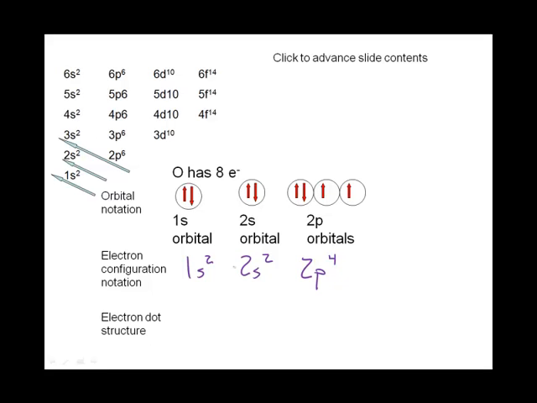And the electron dot structure is going to include the electrons of the 2s and the electrons of the 2p. So we're going to write the symbol, 2 electrons paired, 2 electrons paired, and 2 electrons by themselves for a total of 6 valence electrons around oxygen.